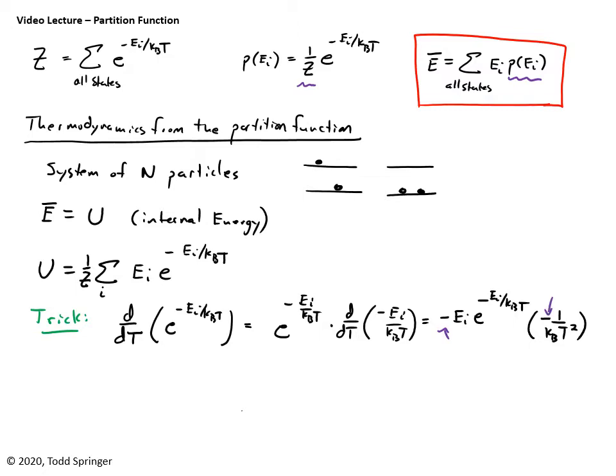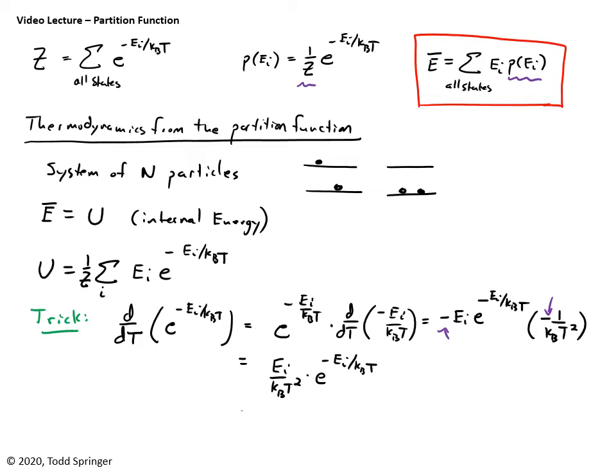So this minus cancels with that minus. And what I get, let me simplify it a little bit, I get E_i over k_B T squared times e to the minus E_i over k_B T. Okay.